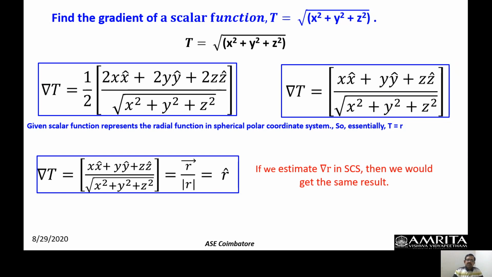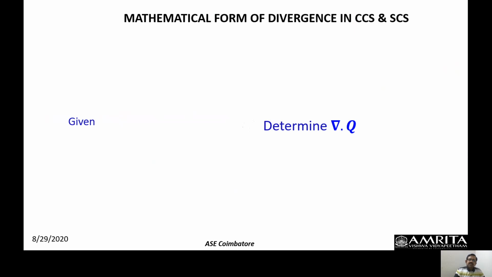We can do the same problem in Cartesian coordinates. We can do it in the spherical coordinate system. No matter what, we should get the same result. However, invoking a symmetry simplifies the problem if such a symmetry exists. So you have to understand the problem, look at the problem and see what the symmetry is, get the right symmetry, nail the problem. Okay, so that is about it. Now go to divergence.